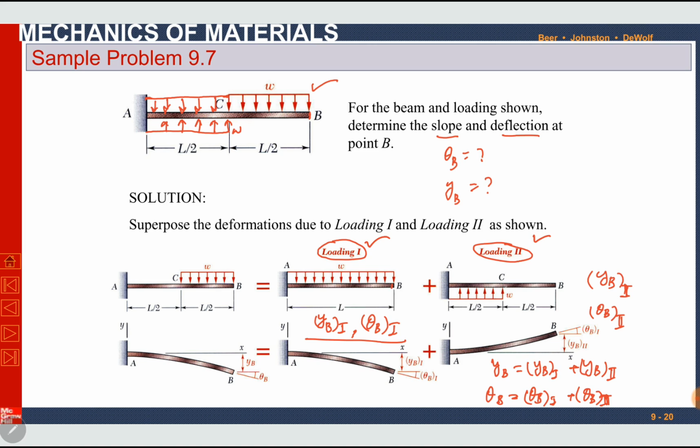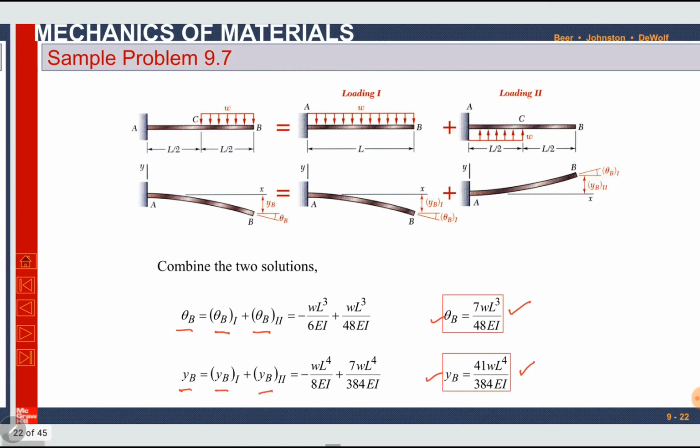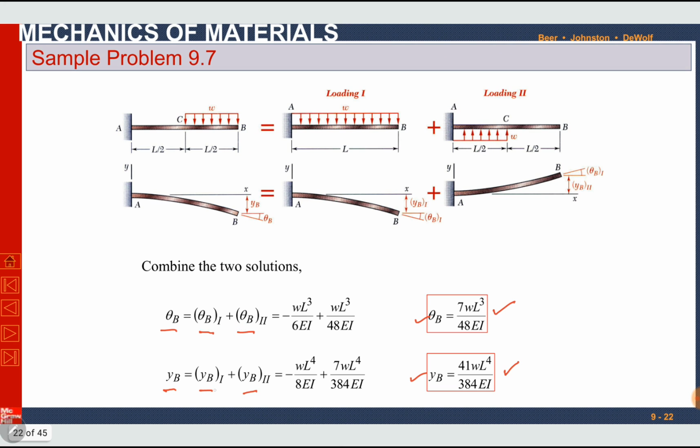For loading 2, we did it for point C, and then we used geometry to first find theta B2 equal to theta C2, and then YB2 from the sum of YC2 and the perpendicular of this triangle. Finally, we have added both the thetas and both the y's.